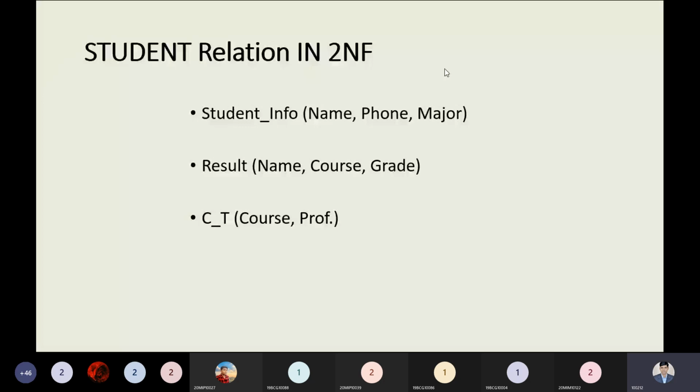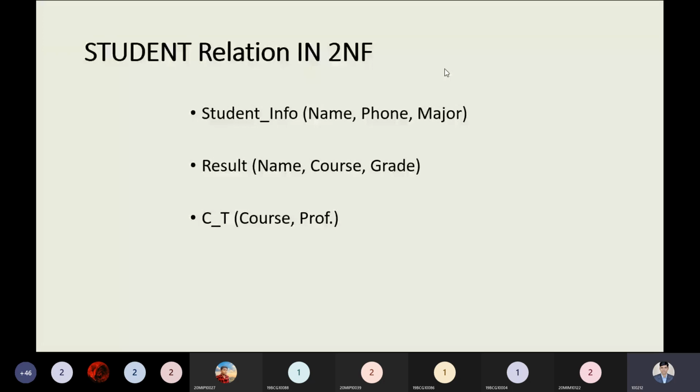When talking about the grade, grade can depend on the name and code. So name and code and grade will be a part of one set. So we can say this set is represented by the entity, or we can say a table. A relation can have multiple attributes. So here we have the name, code, and grade, because grade depends on the name and code.